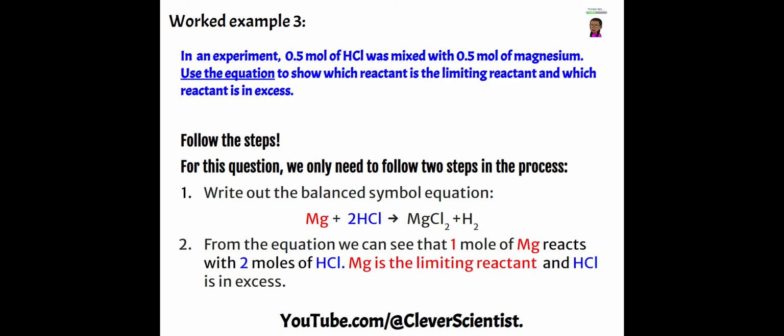There's only 2 steps involved in this particular question because we've got the same number of moles of each of the substances of interest. So when that happens, you just go straight to the mole ratio, and obviously the smaller number points to the limiting reactant.